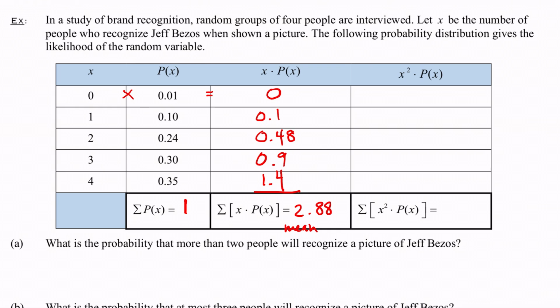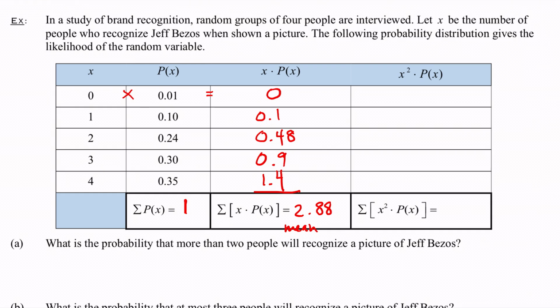And in the next column, we're summing up all the x squared times the probability of that x. So again, here we can square each of the x values in the left column and then multiply them by their corresponding probabilities.